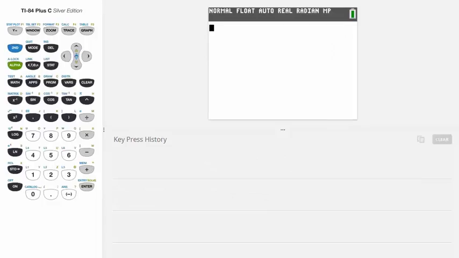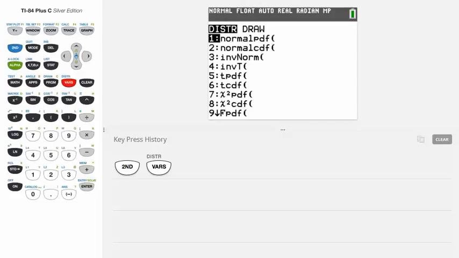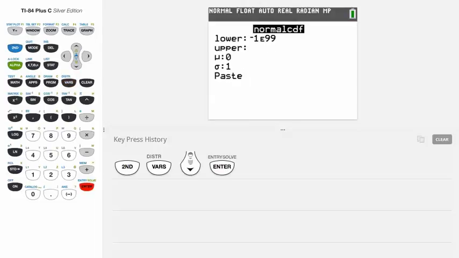If you have a stat wizard, when you go to second, VARS to get your distribution menu, and you go down to 2 and press enter, it will ask you for your lower bound, your upper bound, the mean, the standard deviation, and then paste. I'm leaving the lower bound of negative 1 times 10 to the 99th power.